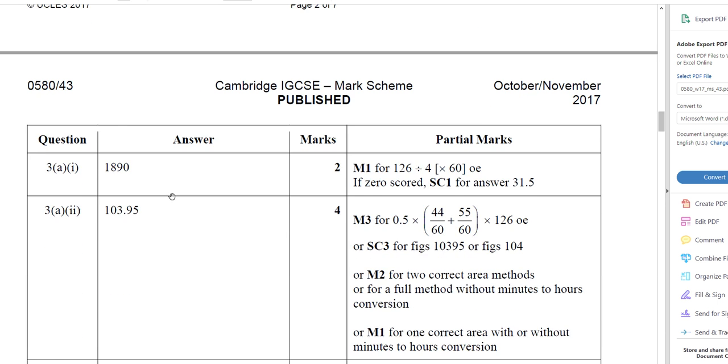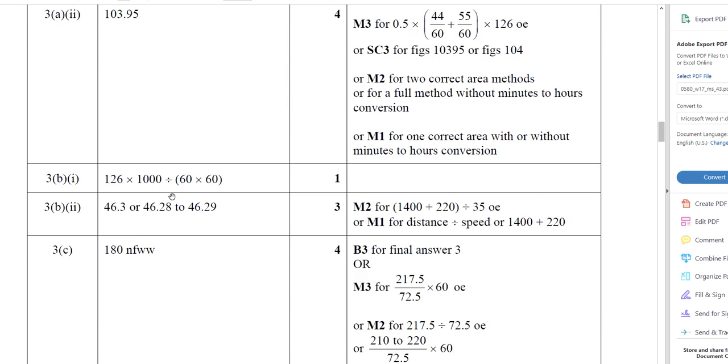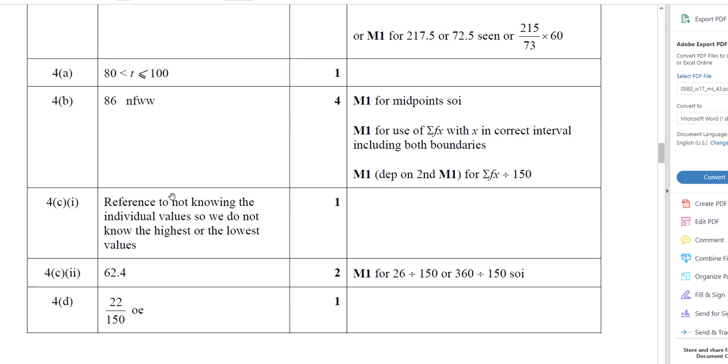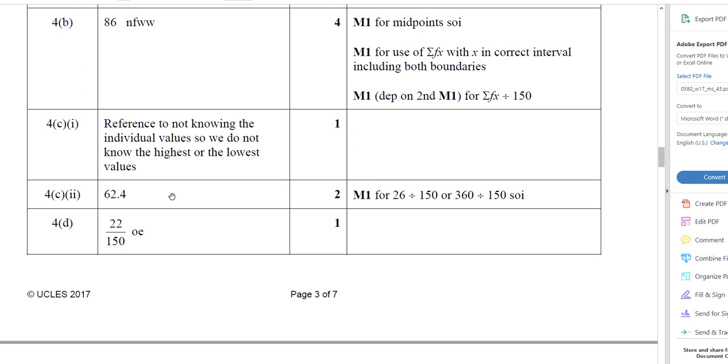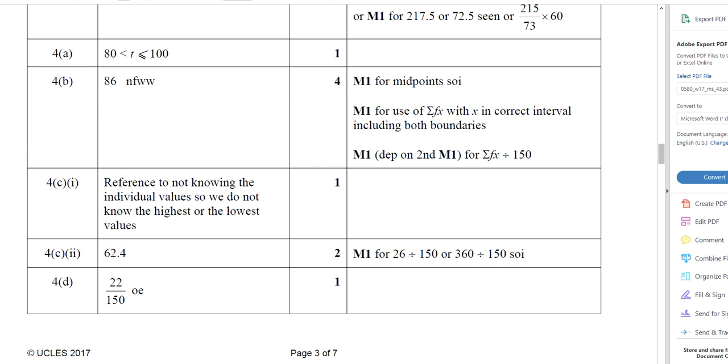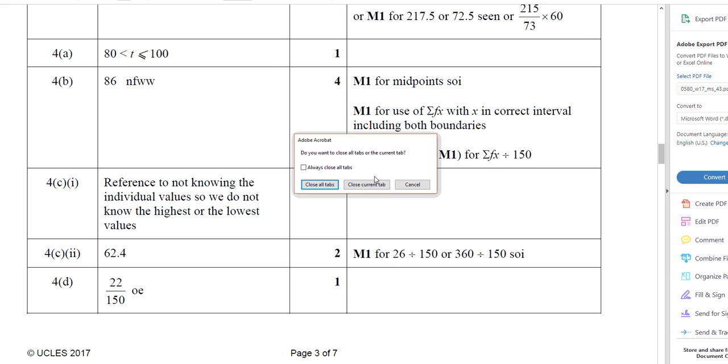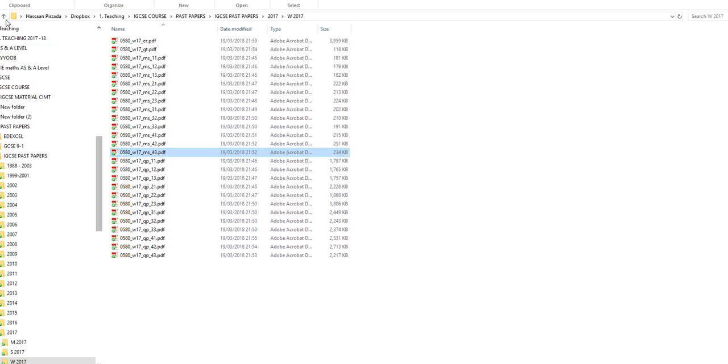Is it 5? Oops, it's the wrong paper, sorry. Which paper was it? Let me check again. Oh, sorry, it was summer 17. My bad.